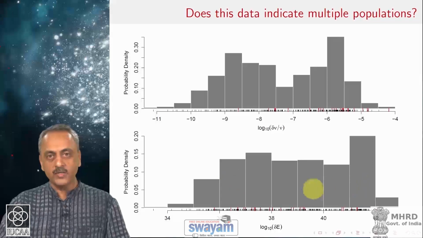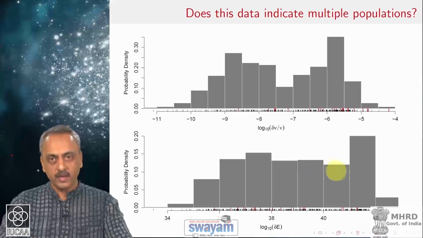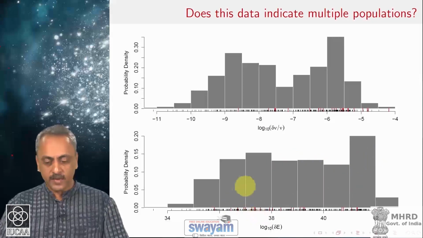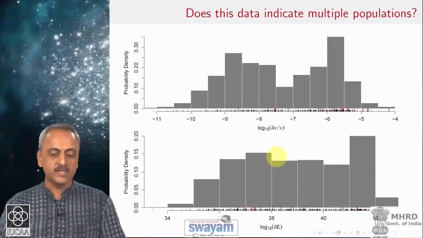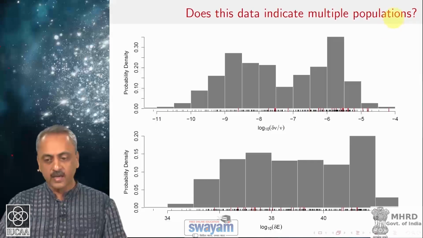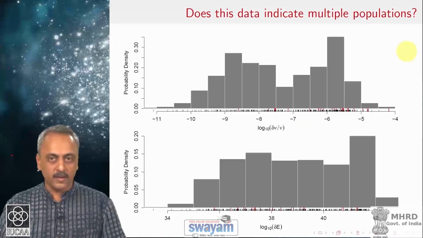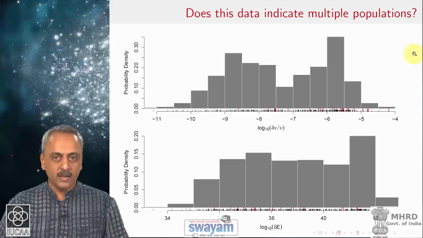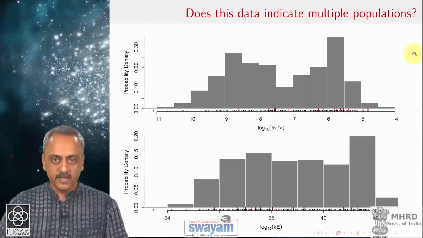If you look at the bottom histogram, what one sees is some sort of a broad peak. If one has to take the picture seriously, this might suggest multiple populations also. When I say multiple populations, it is in the same sense that, let me give an example from ordinary life. Men and women have slightly different height distributions.